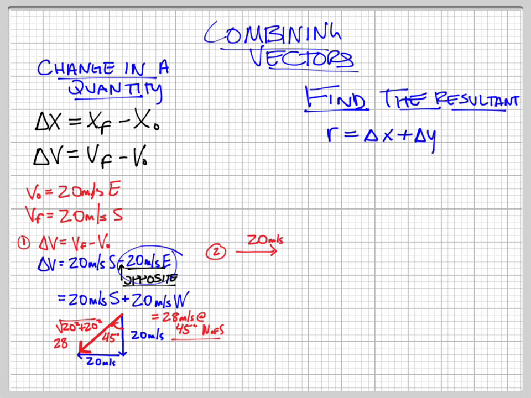And as time goes on, it's going to end up being 20 meters per second south. Now what I want to do is look at what it's going to take. What are the things that I have to do to my velocity to get from 20 meters per second east to 20 meters per second south?